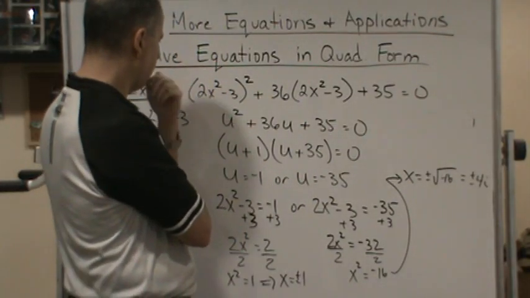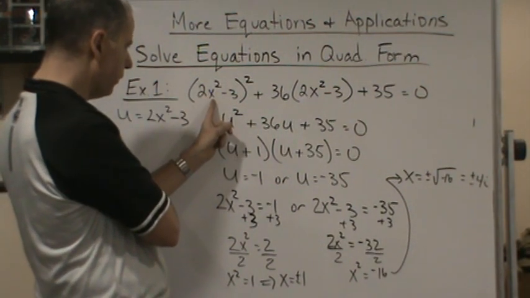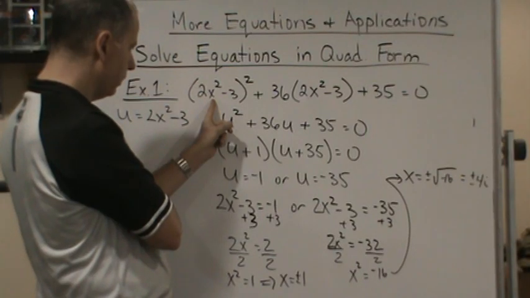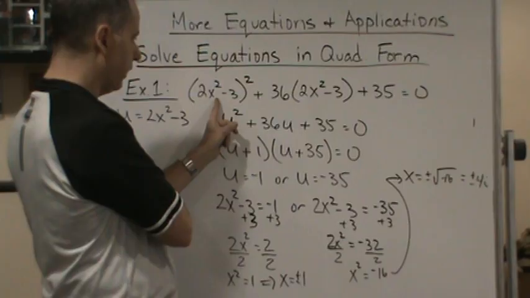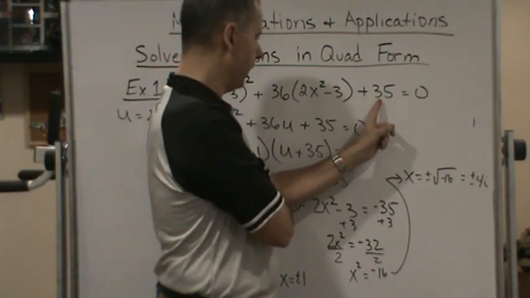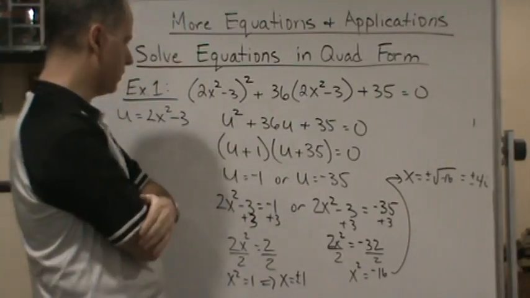So then if you factor out the negative 35, you'll get negative 35 minus 1, which will give you negative 36 plus 36, which is 0.